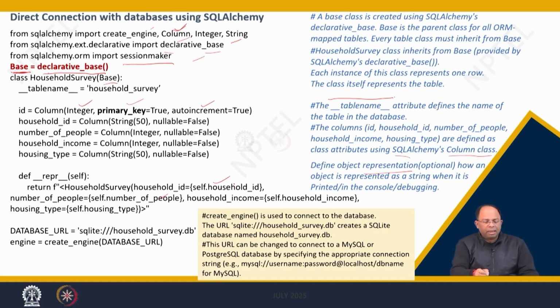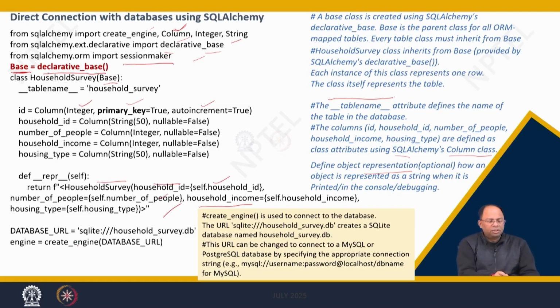To make sure that happens properly, this mapping is done over here, where within household survey, household ID is self.household_id, household income is self.household_income, and so on. But this is optional. If you don't do it, it will still work, but if you do this, the display will be proper and organized.